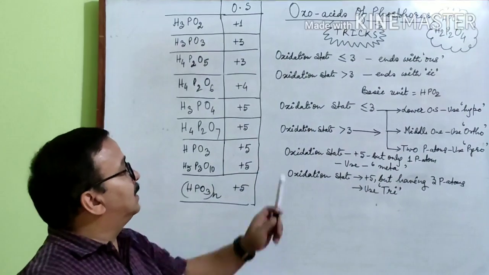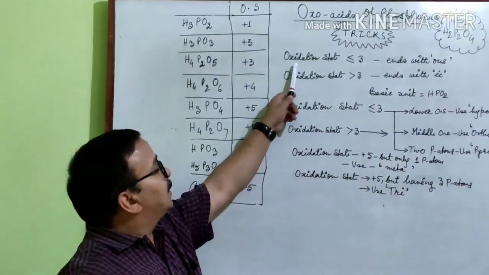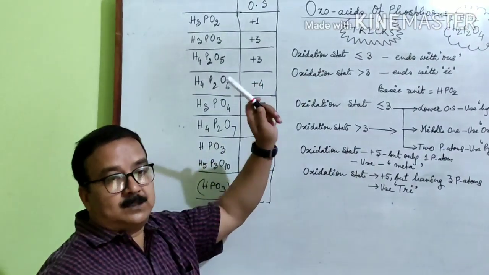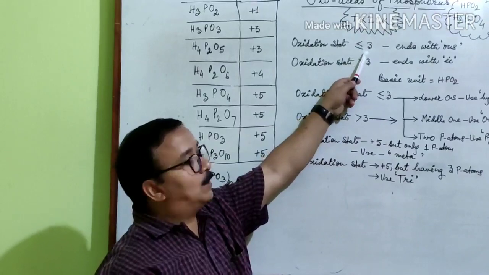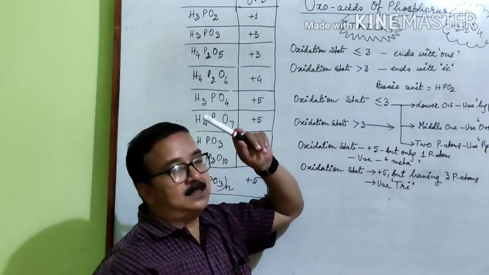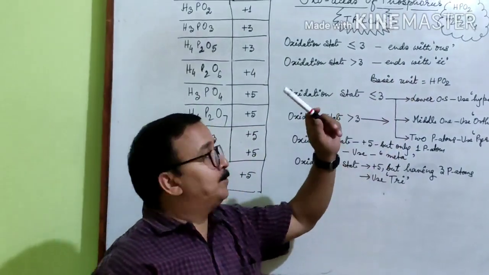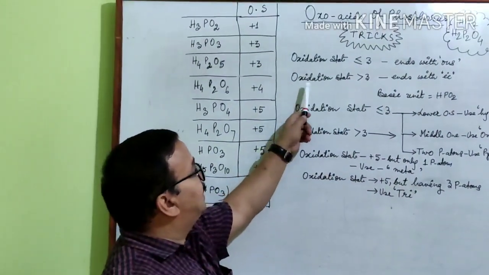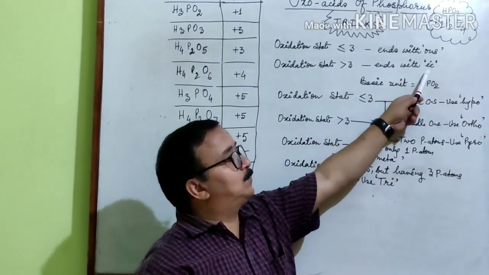Now remember here that phosphorus oxoacids in which the oxidation state of phosphorus is equal to 3 or less than 3 end with -ous. If the oxidation state is greater than 3, then that acid ends with -ic.